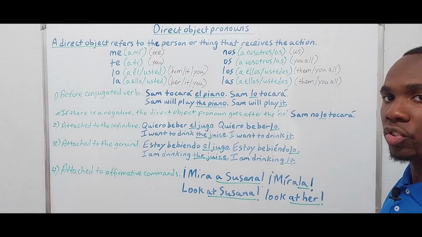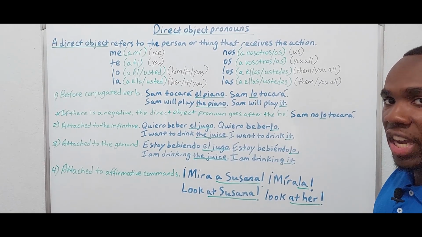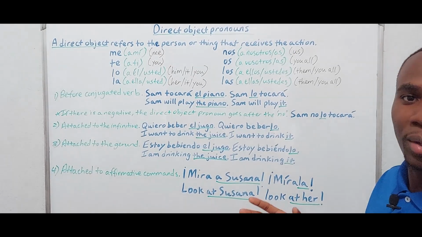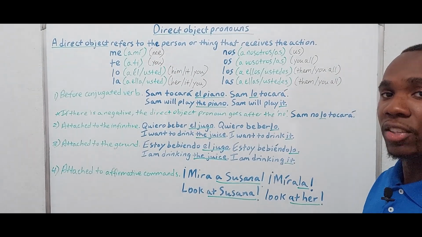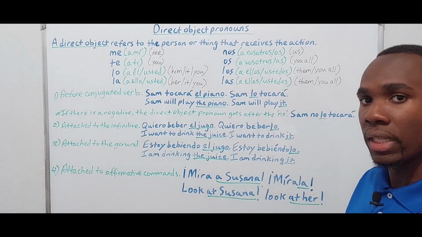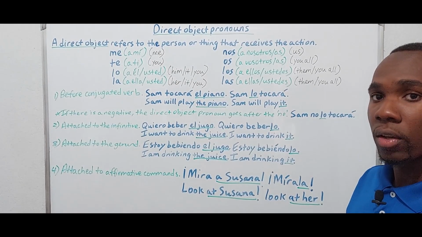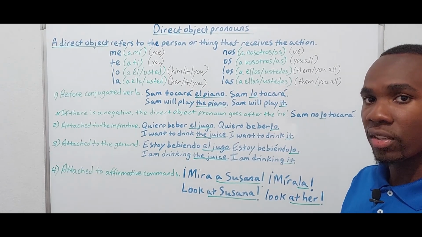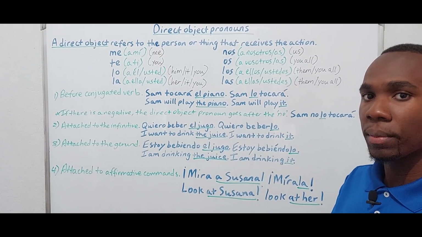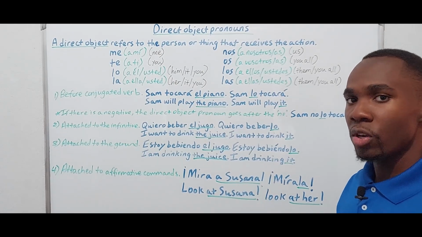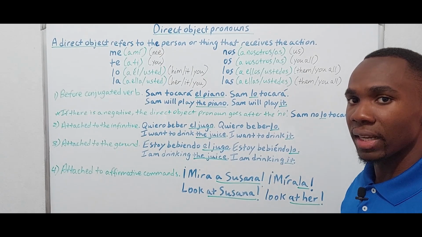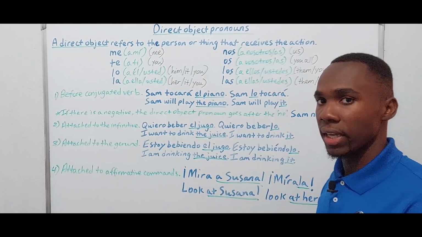Once you attach the direct object pronoun to the affirmative command and the word results in 3 or more syllables, then you must put an accent on the third vowel from the end.